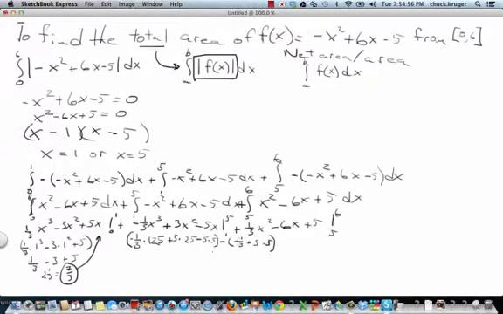Okay, that's what I get when I put the 1 in there. And I'm going to have a negative 125 over 3. This is 75. 75 minus 25 is 50.